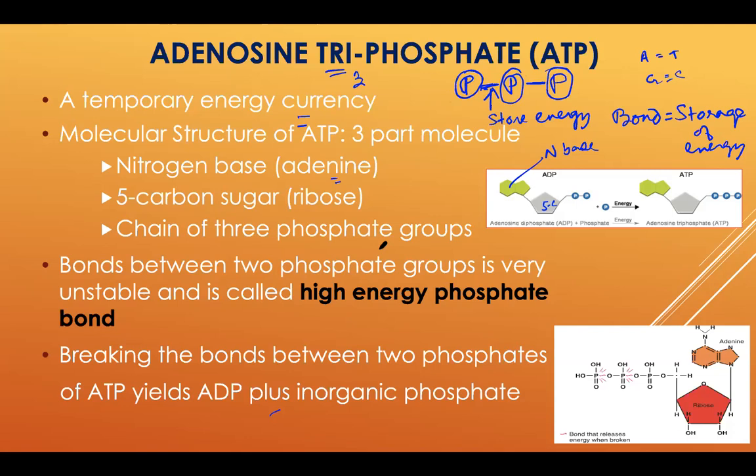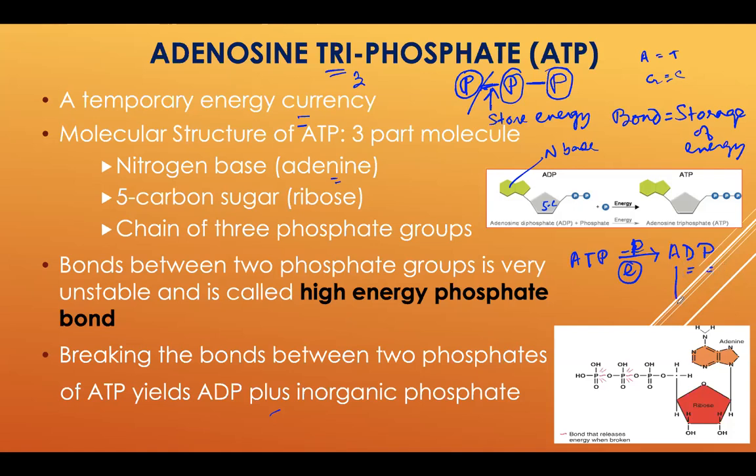So what happens when ATP breaks down? Let's say it releases one phosphate group, leaving only two phosphates. Releasing one phosphate group releases a huge amount of energy, and it converts into ADP, adenosine diphosphate.